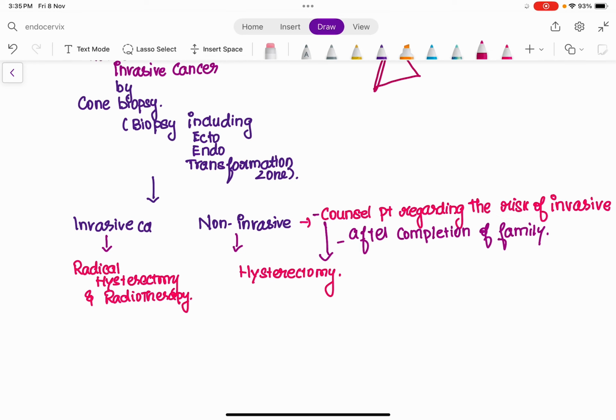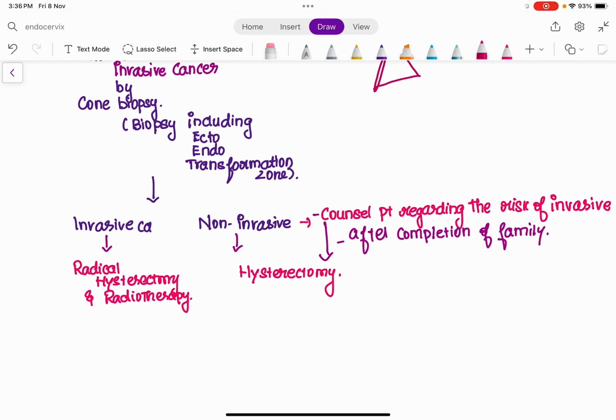If it is a non-invasive type also, you have to advise hysterectomy in this patient because adenocarcinoma in situ is already present in that female. For that itself, you have to do hysterectomy, and you also have to counsel the patient regarding the risk of development of invasive cancer of the cervix, which can have the probability of metastasis as well.